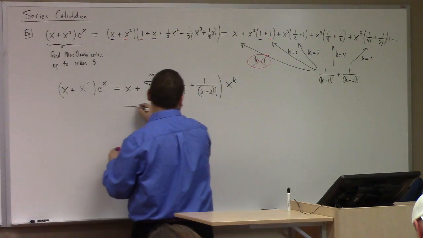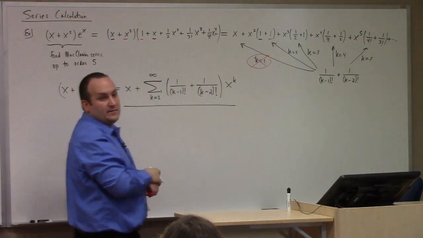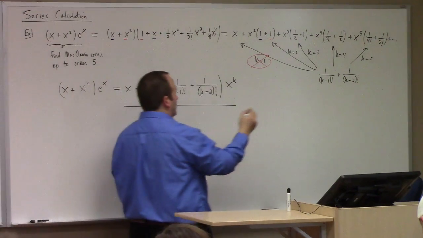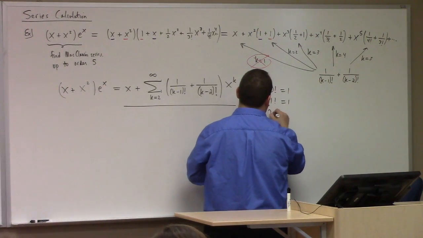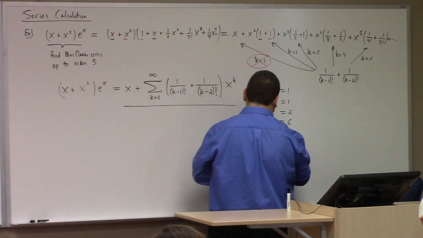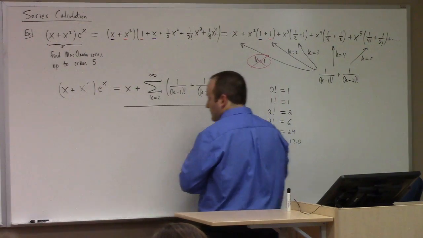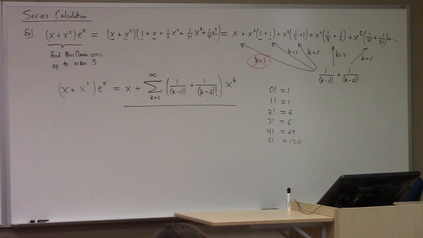And there you go. 0 factorial is 1, though. That's fine. So 0 factorial is 1, 1 factorial is 1, 2 factorial is 2, 3 factorial is 6, 4 factorial is 24, 5 factorial is 120. You get the idea. I think you could even simplify that expression.